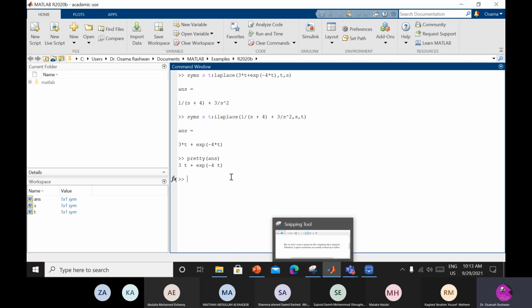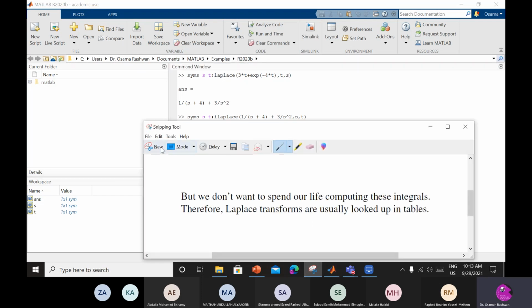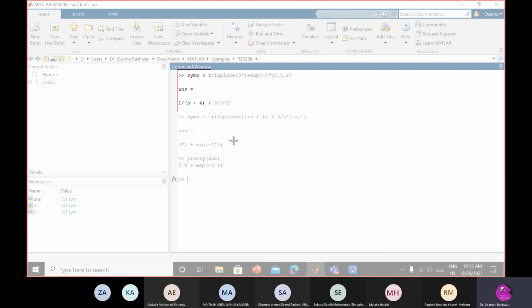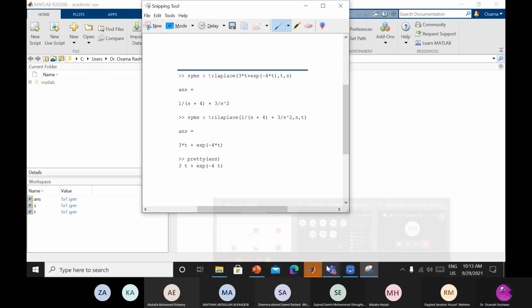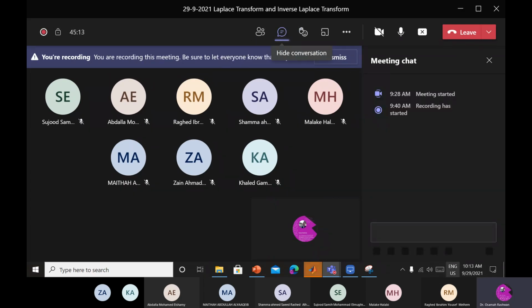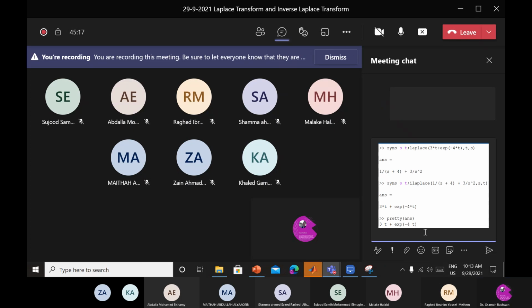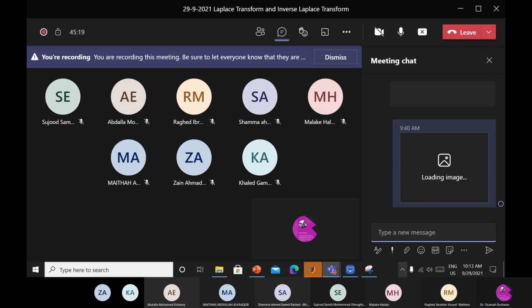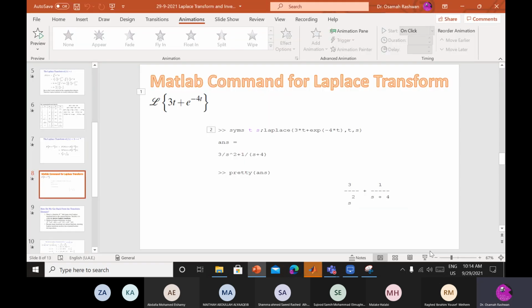Okay, now I'll just get a screenshot for you, and I'll put it in the chat just to show how to find Laplace transform and inverse Laplace transform by Matlab. Okay, let's go further.